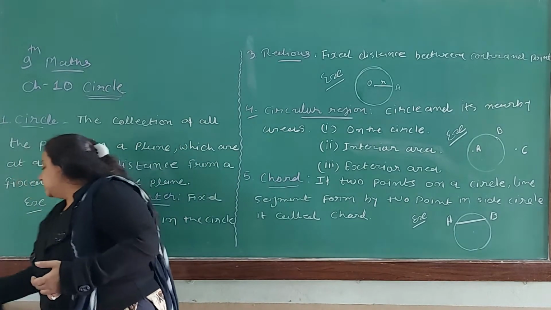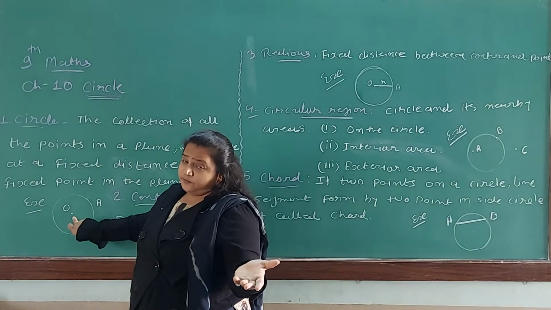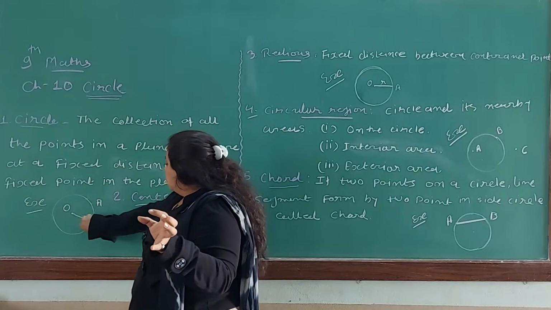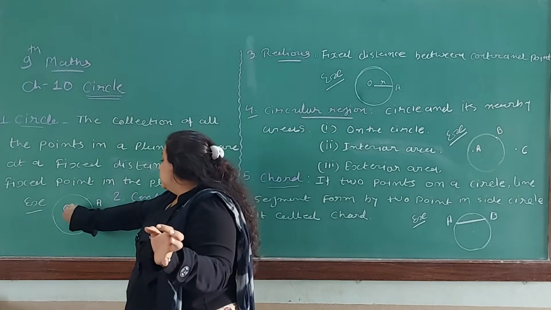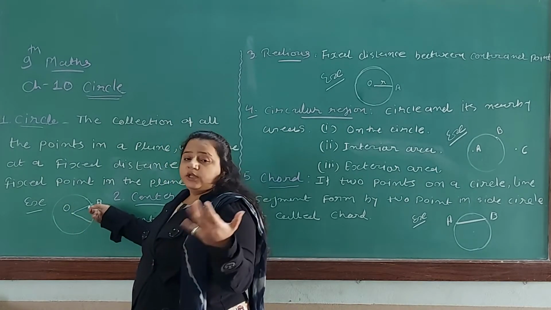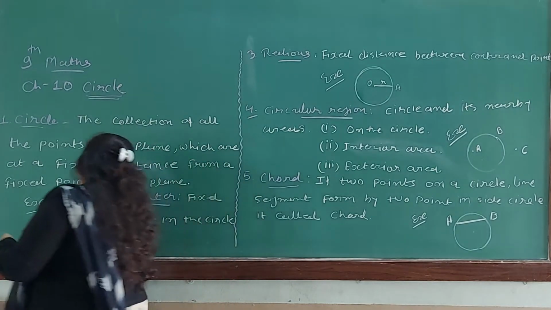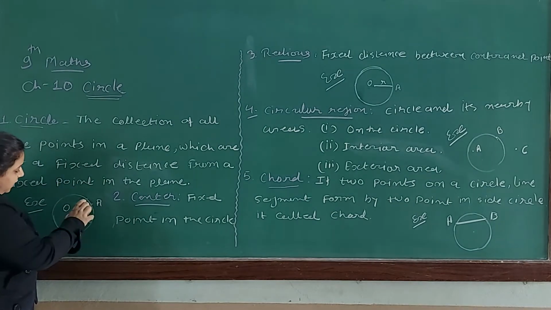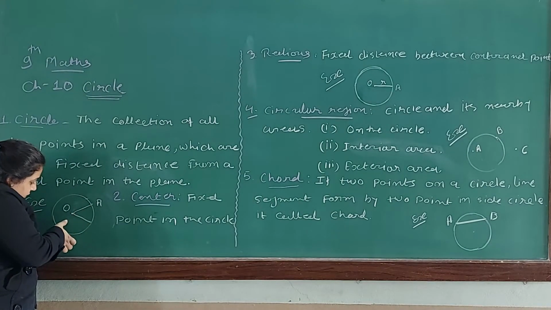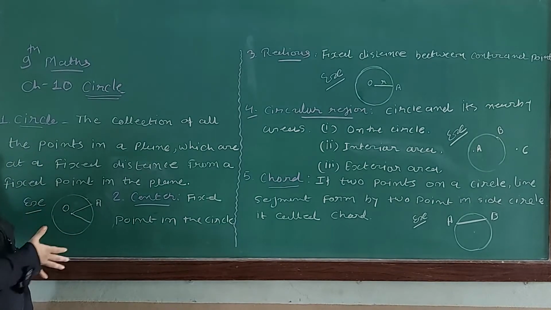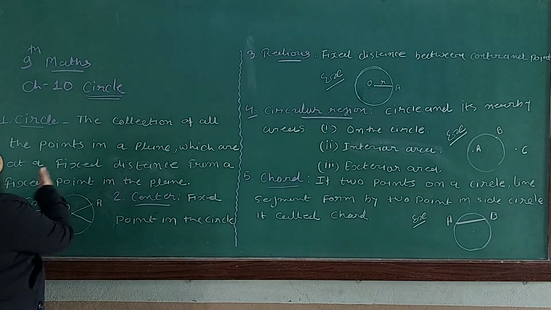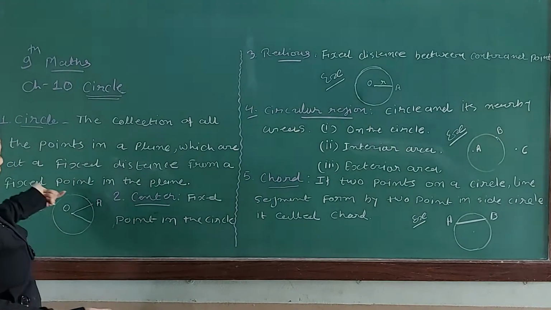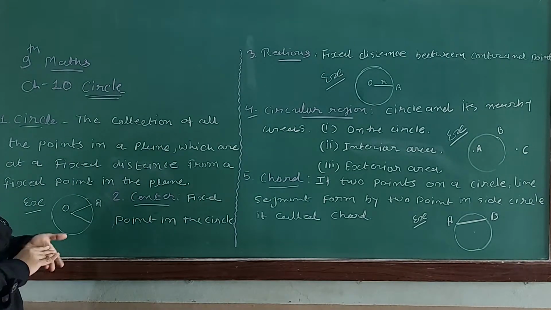So it means that if there is a fixed point, then the distance to any point here is equal. If you go from here to point A, it is equal, if I take it as a radius, right? If I take a rounder and pen, it will move at an equal distance. That means it is a collection of points. This way we can say that the points in the plane which are at a fixed distance from a fixed point in the plane form a circle.